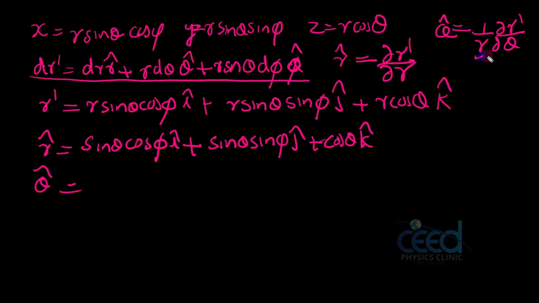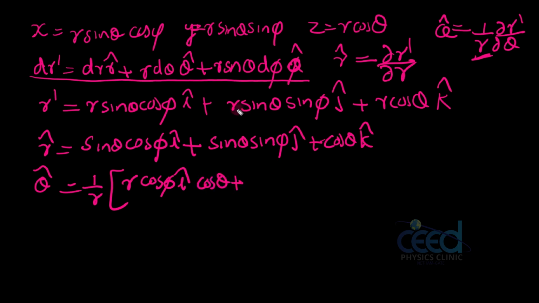So here I have 1 by r, and ∂r'/∂θ I am differentiating with respect to θ. That is r cos φ î, which is constant, and when you differentiate sin θ, what do I get? I will get cos θ.